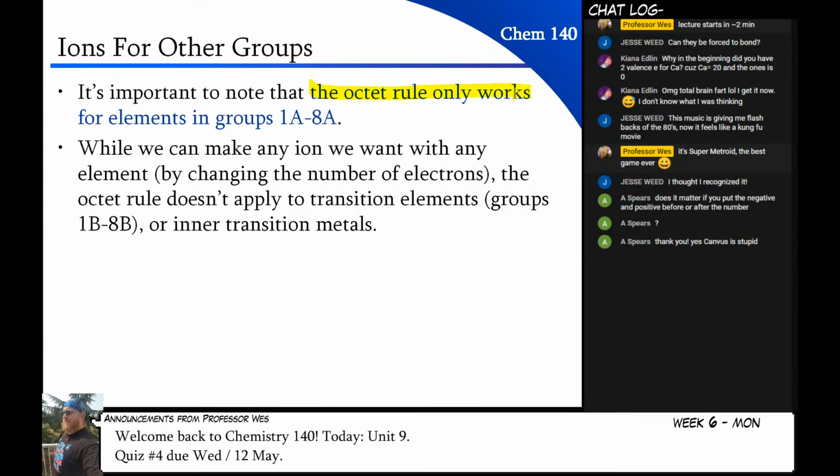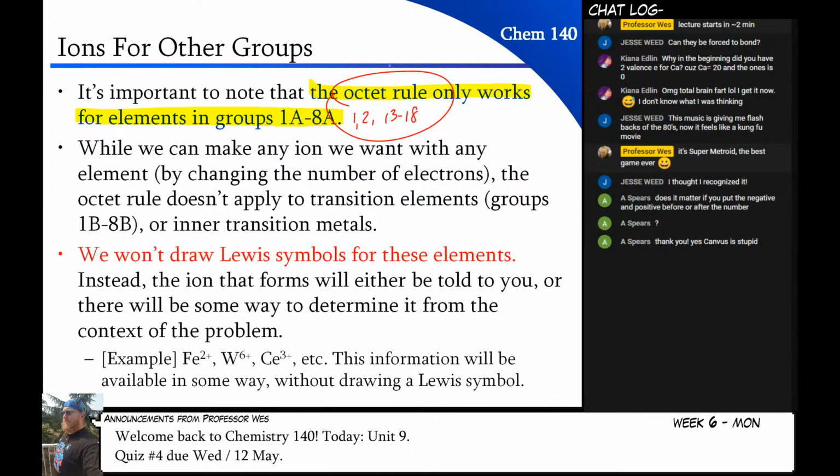So if your element is in these groups, and again, that's 1, 2, and 13 through 18, use the Octet Rule. In fact, you have to. If your element is not in one of those groups, use the Octet Rule on the other elements who are in those groups, and then use that information to solve the problem. You'll see what I mean by that later on.